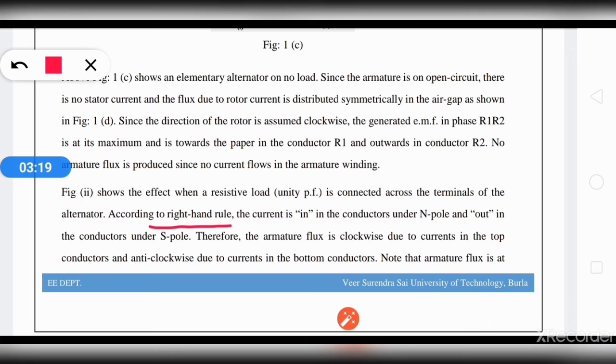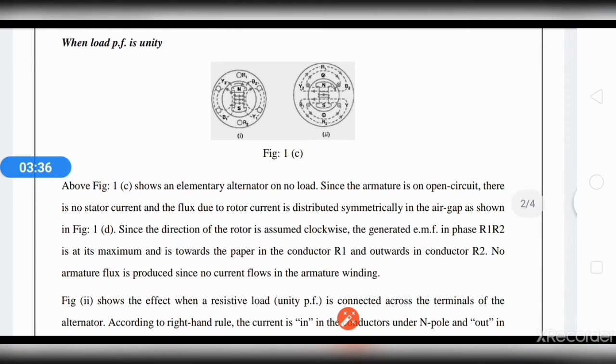According to the right hand rule, the current in the conductors at the north pole is inward and the current in the south pole is outward. So the flux is clockwise due to the current in the armature. This is shown in figure 2 here.